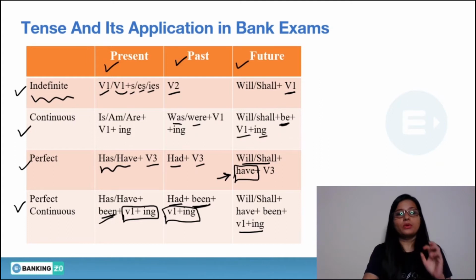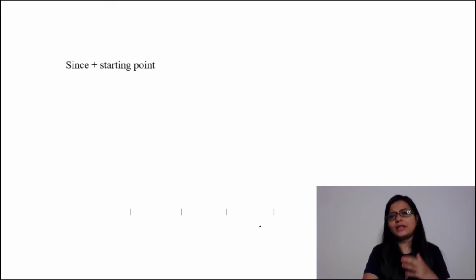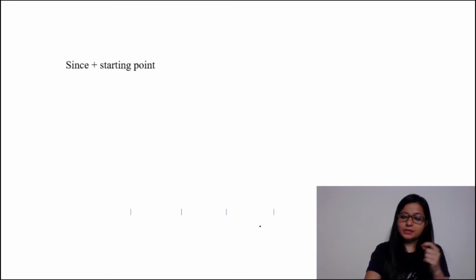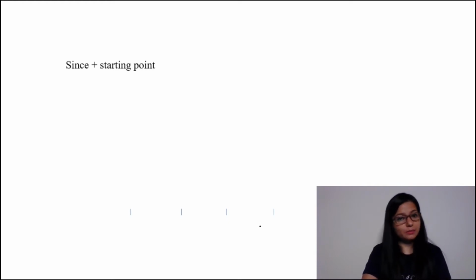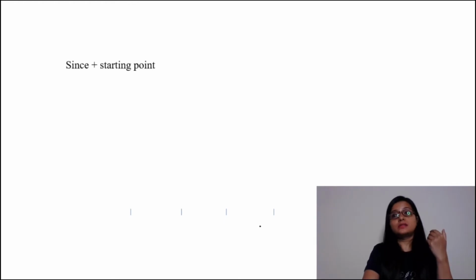Now, as I told you, there are some more elements we really need to understand, and one thing is, since you have seen many times in your sentences, in your bank examination and in any question paper, the sentence has since or sometimes for. So what is the function of this since?